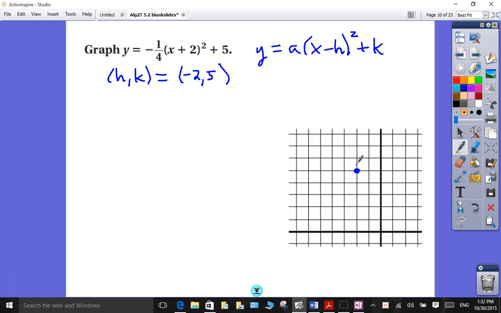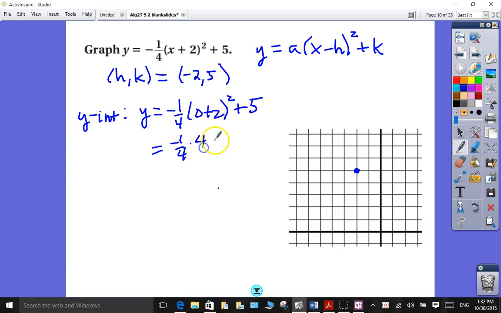But if you wanted to do the y-intercept, we're going to go y equals negative 1/4 times (0 plus 2) squared plus 5. y equals negative 1/4 times 4 plus 5. So negative 1 plus 5. So that gives us another point. Okay, now I still know that the axis goes right through the vertex.